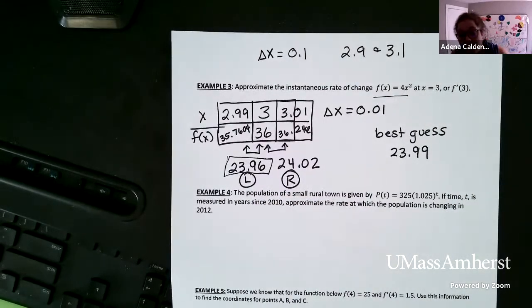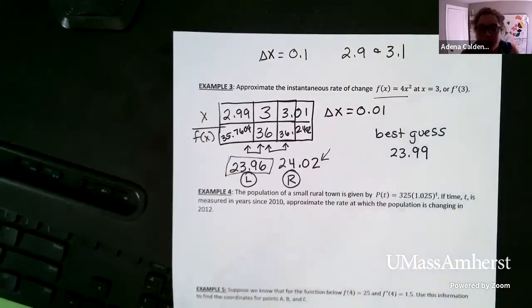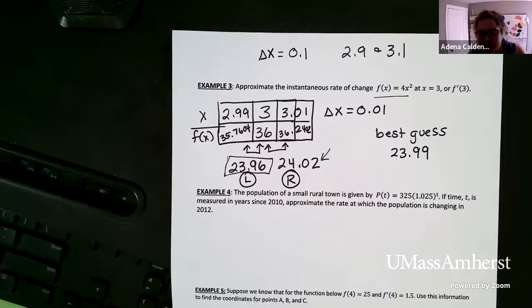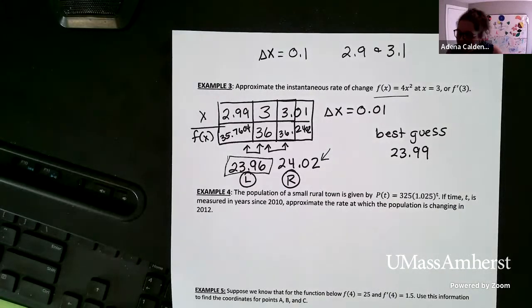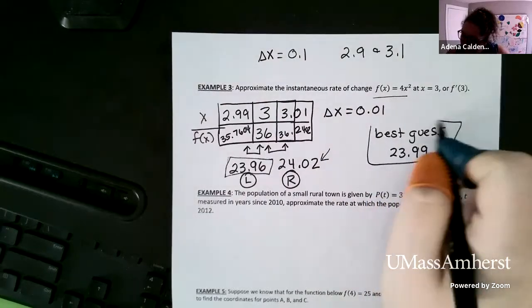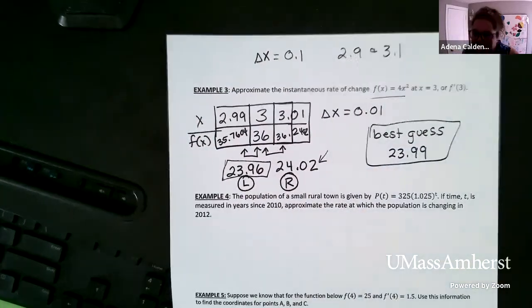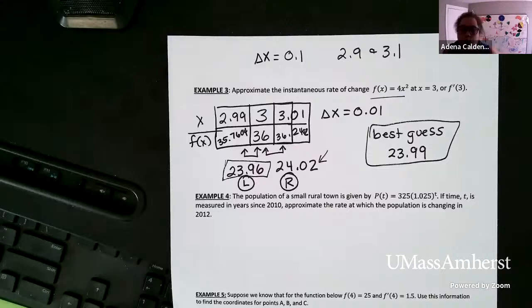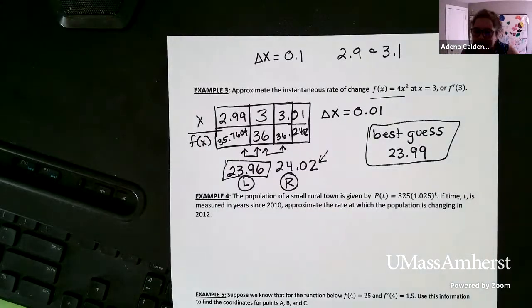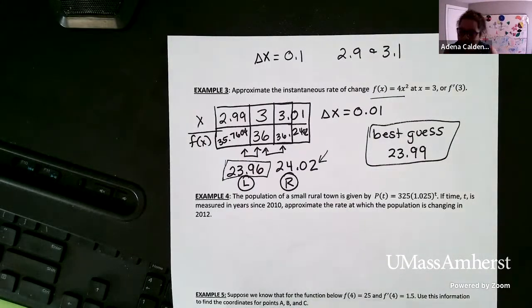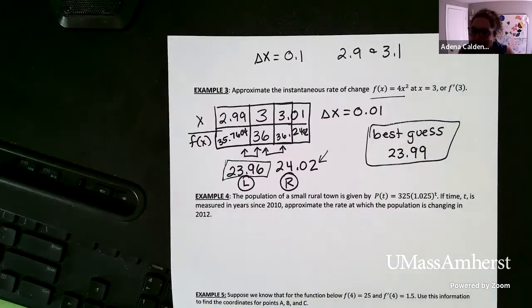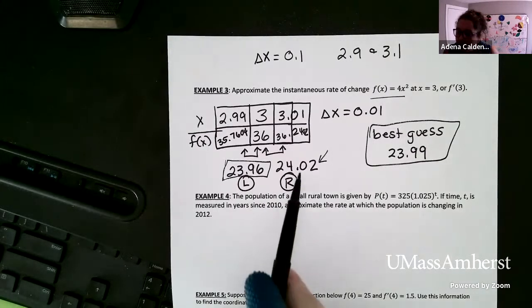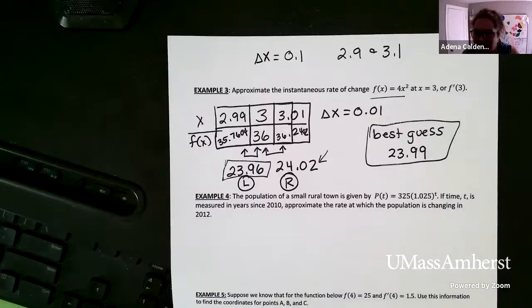If we were to say using a right-hand approximation, then that is the number we are looking for. If left or right is not specified, the default is to average them. It's the best guess. Okay, so there's a lot of different ways to ask this question, but a lot of things will be specified for you so that you get the number we are looking for on the quiz, since it's multiple choice.